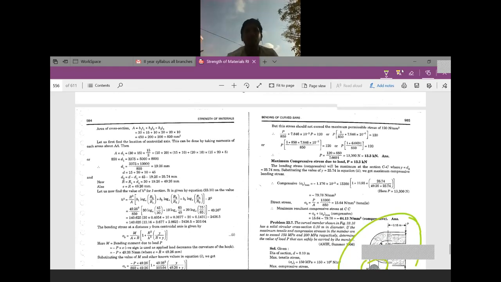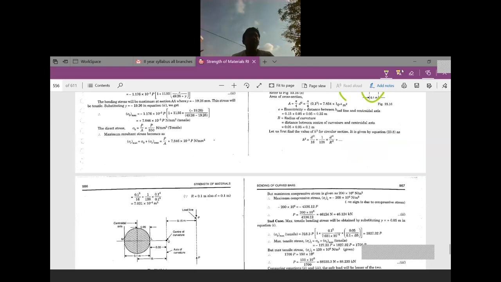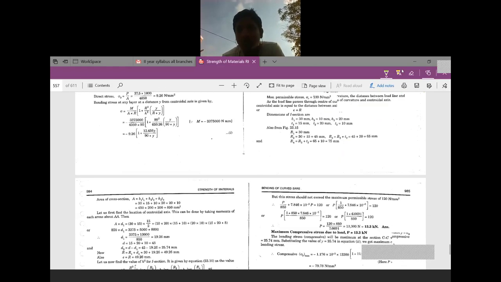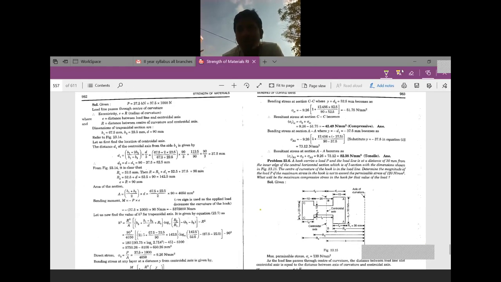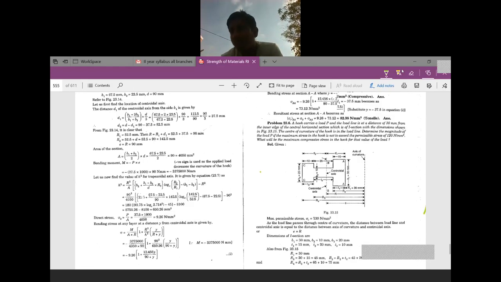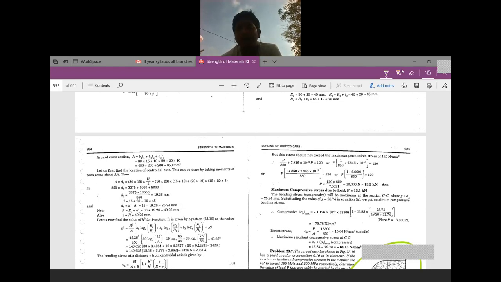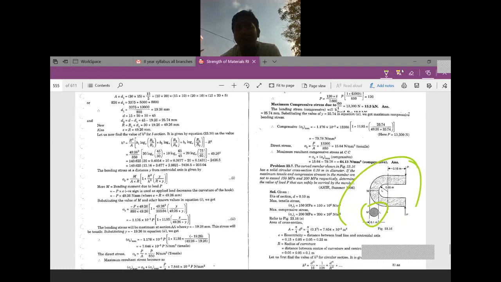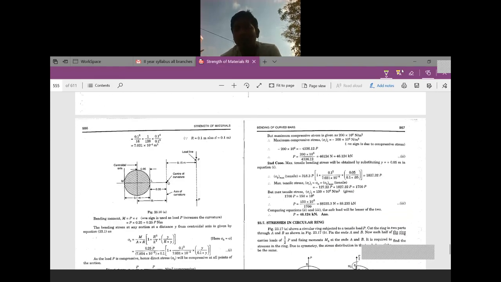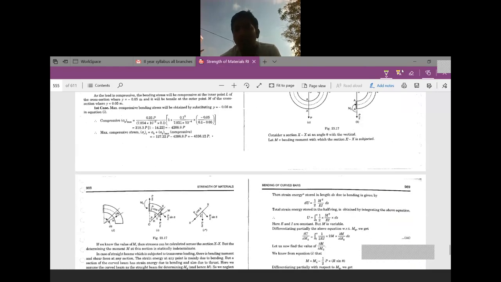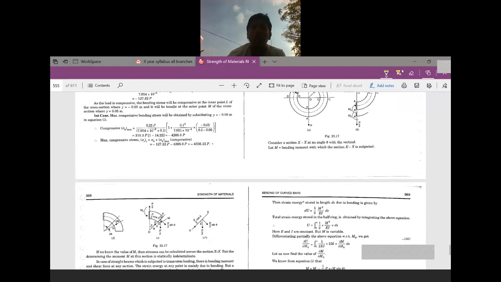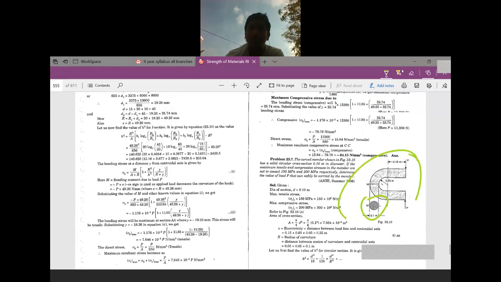The derivation is also important; sometimes the derivation will be asked. So go through the derivation of the Winkler-Bach formula, then the derivations of h square for rectangular section, circular section, and trapezoidal section, and go through those problems. Please practice this in the notebook. If you have any doubt, you can ask me.